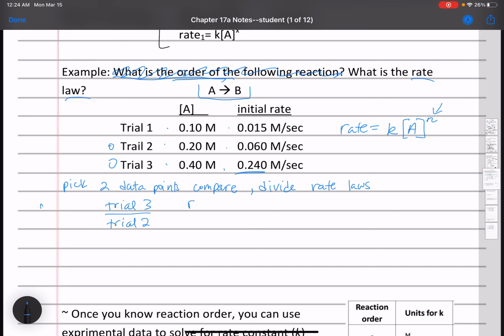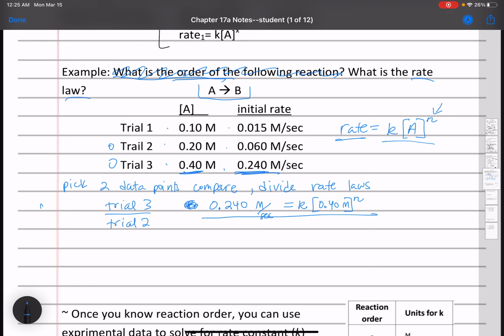So the rate law is rate equals K times the concentration of A to the N. For trial 3, the rate we'll plug in is 0.240 molarity per second equals K, which we don't know, times the concentration of A in this trial, 0.40 molar, to the N power.